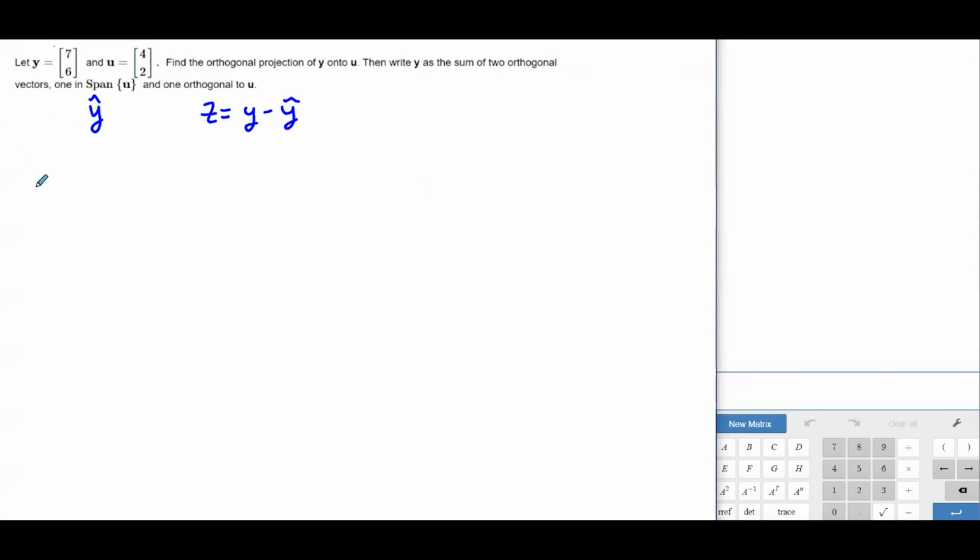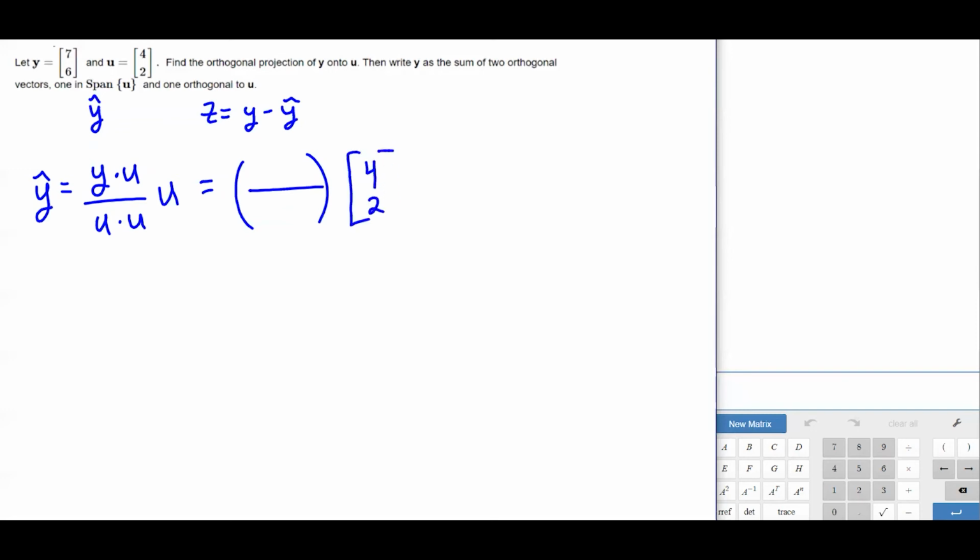All right, so let's find the projection first. This is going to be y dot u over u dot u times u. This guy is going to be a scalar, and we're going to multiply this times u. So what's y dot product with u? We get 28 plus 12, which is 40.